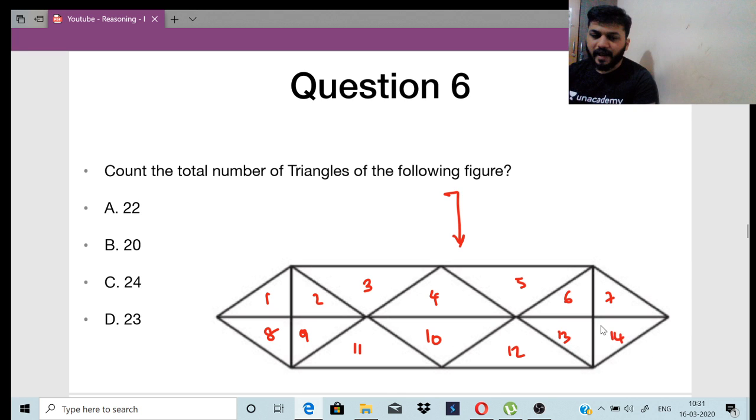Now 1, 2, 3, 4, 5, 6. 14 plus 6. Next I will not tell you, you have to do that. Is it 22 or 24 or 23, you guys have to tell me. I have shown 20 triangles.